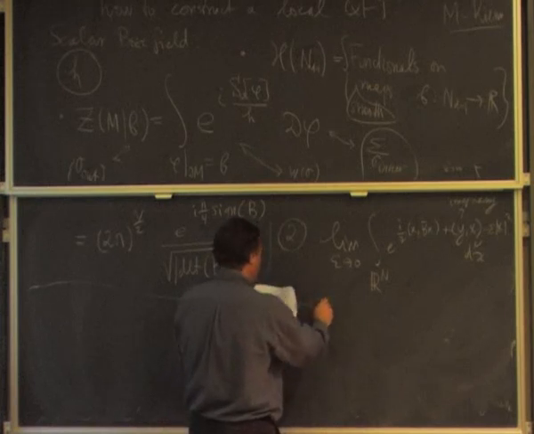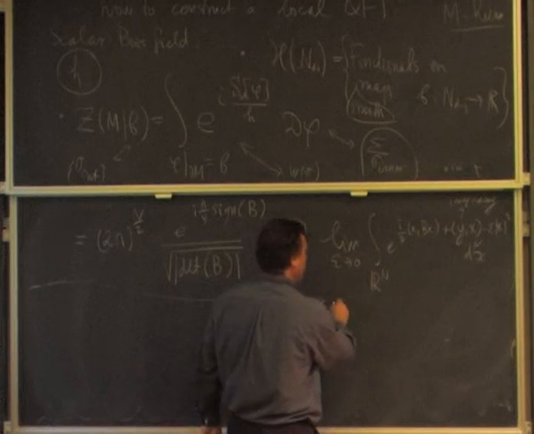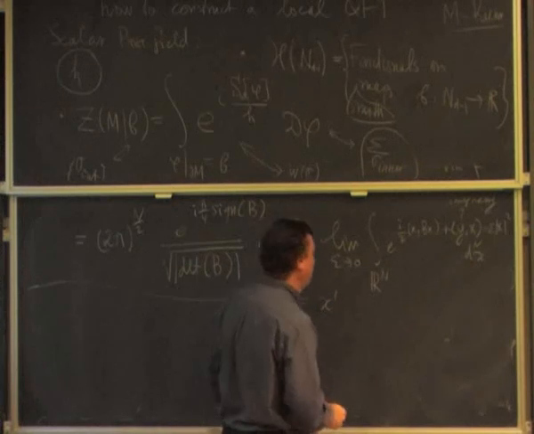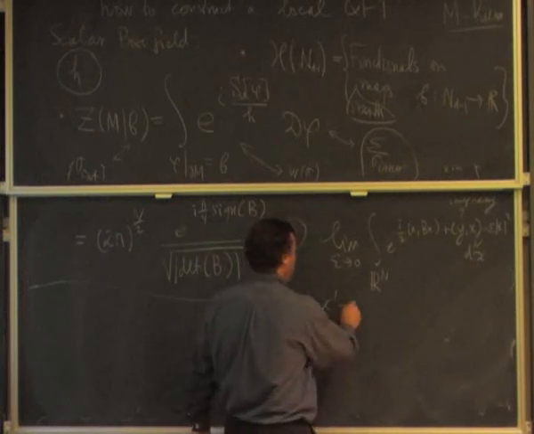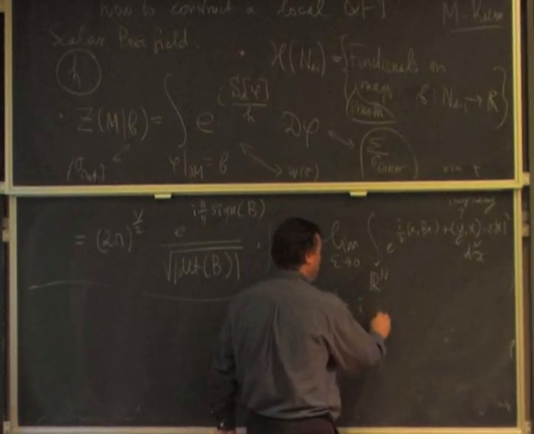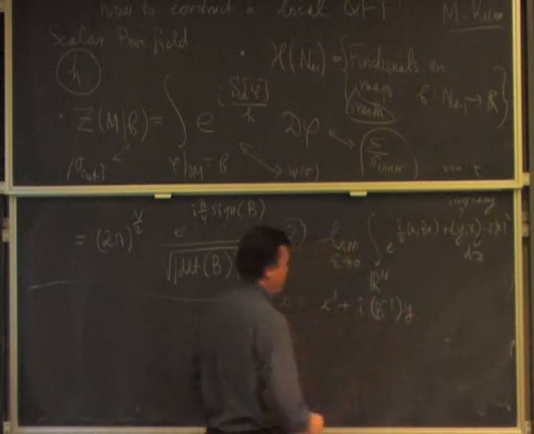X to, if I'm not mistaken, we write x as x prime plus i B inverse y.